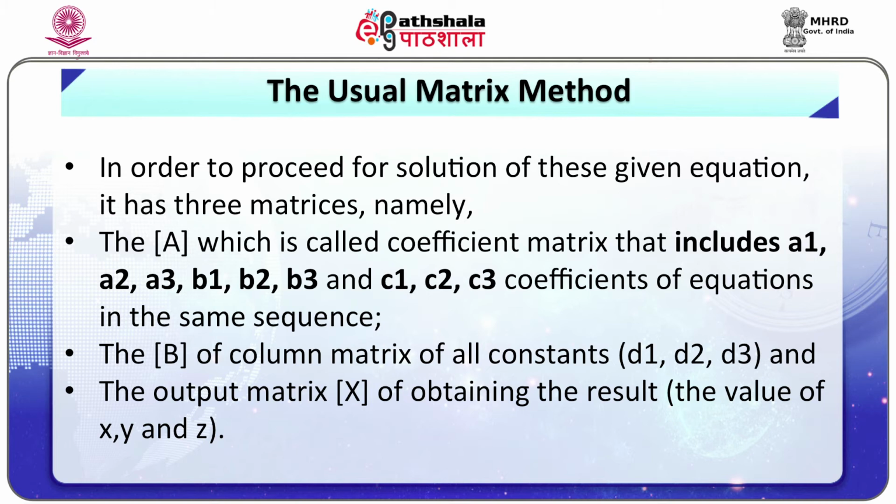Second, the B column vector, this is 3 by 1 dimension in the present case of all constants D1, D2 and D3.